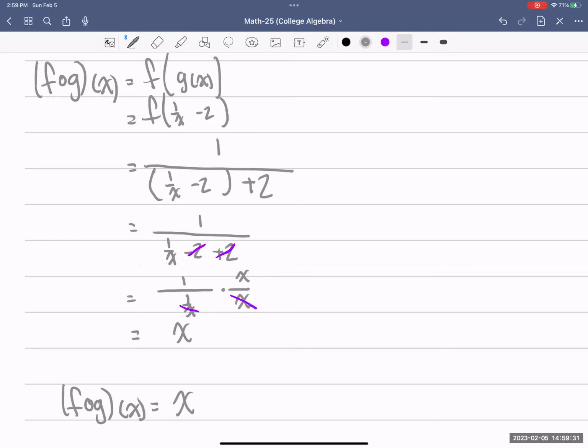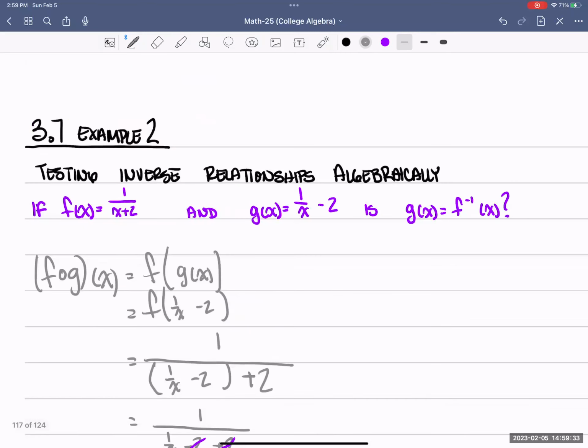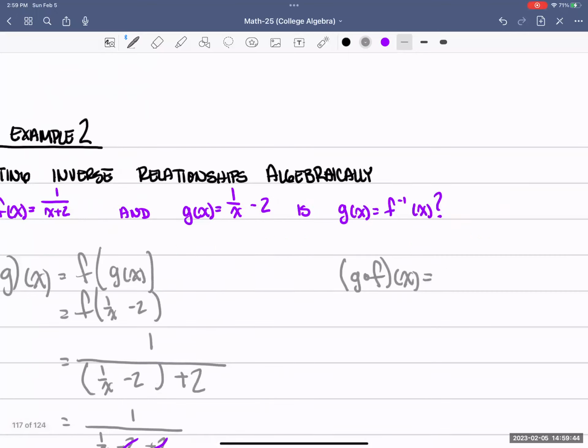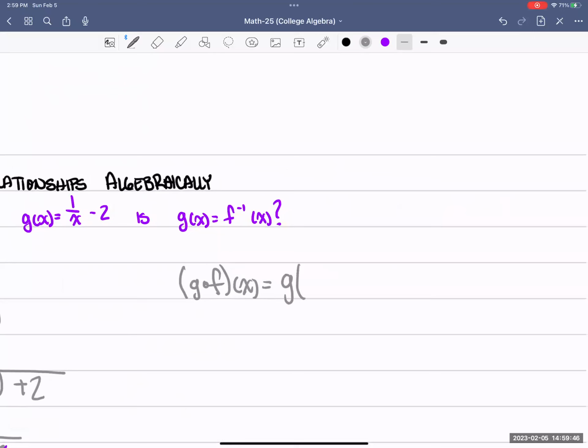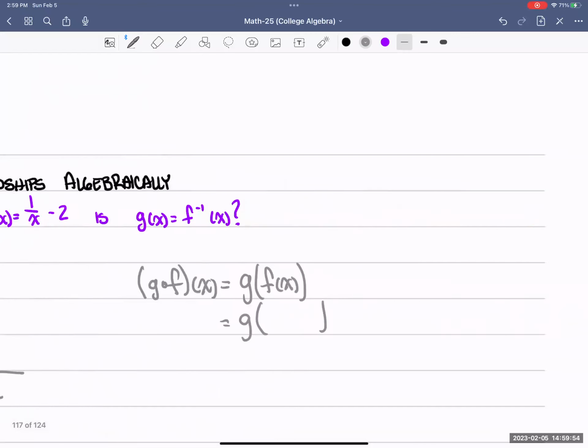So far it looks like we are inverses of each other, but we still have to test the other direction. Here we're going to test g of f of x. We have the function g of x with the input of f of x, which is 1 over x plus 2.